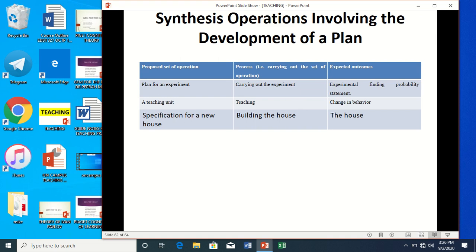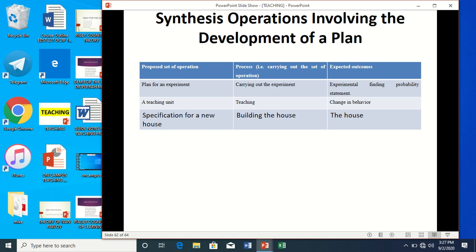So the synthesis, how it operates. Look at this thing on your PowerPoint, and then you know how it operates. There's an expected outcome, the process is there, the plan for an experiment is there, specification for a new thing, I've specified it.